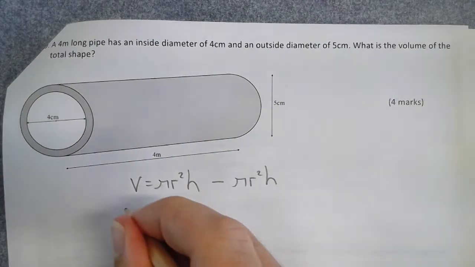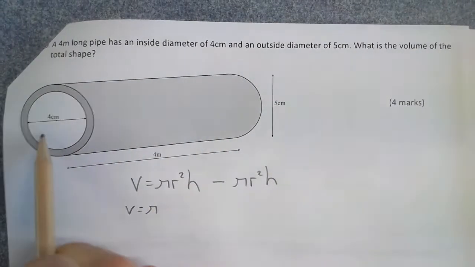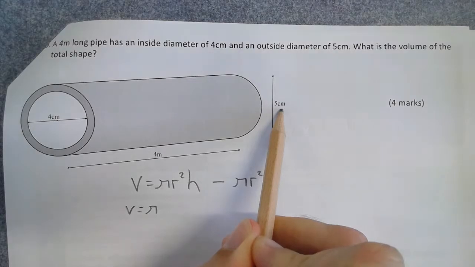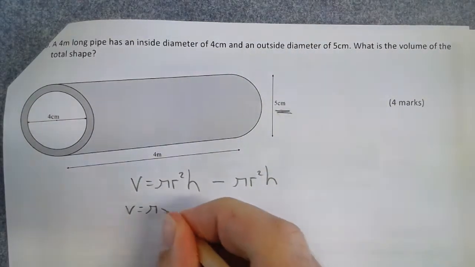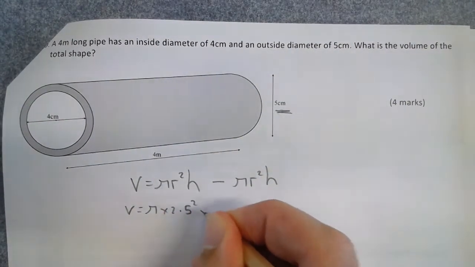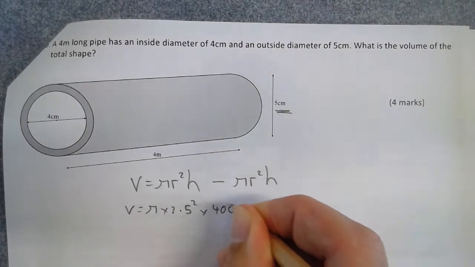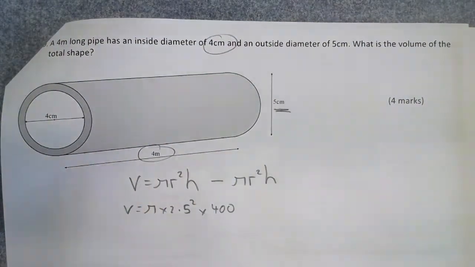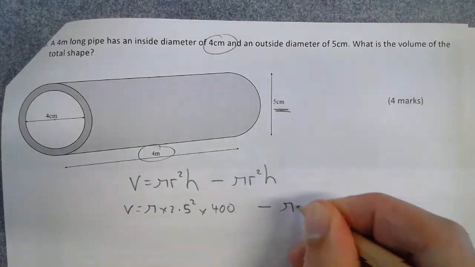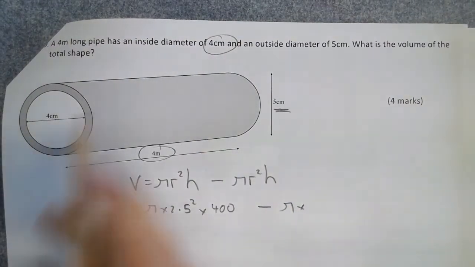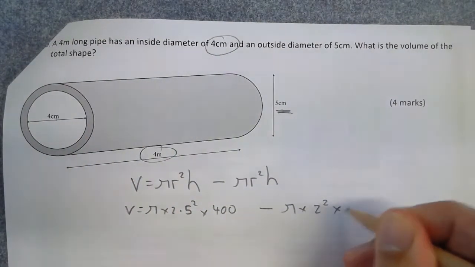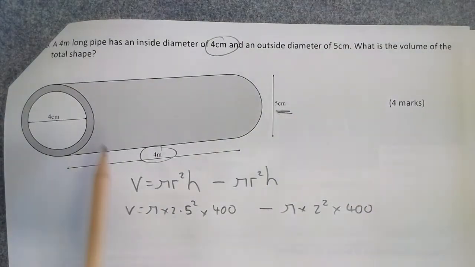So all we need to do now is substitute in our values. The radius of the outside would be 2.5 because it's half of that one, and the height is 400 because we're converting it into centimetres. Take away pi times the radius of this would be 2, and we're also timesing it by 400. So once again, pi r squared h is the volume of the big cylinder, take away the inside cylinder.